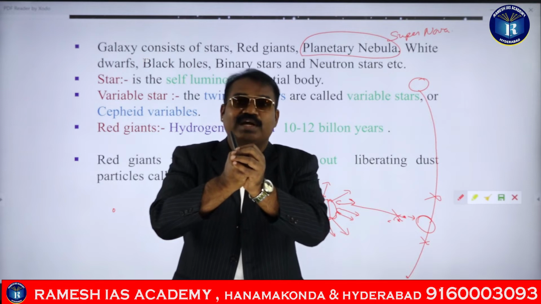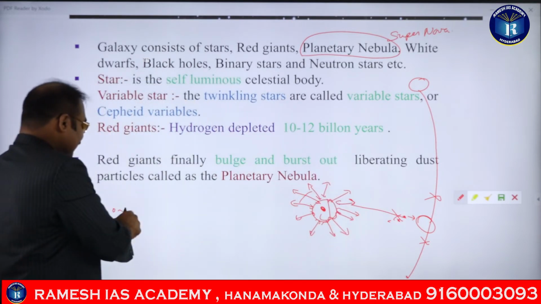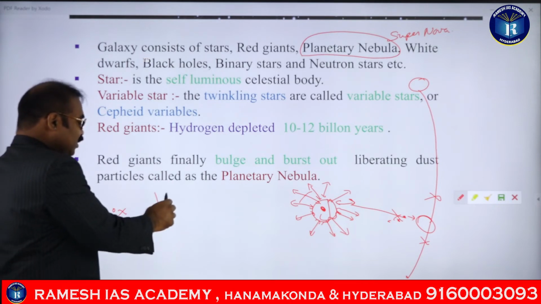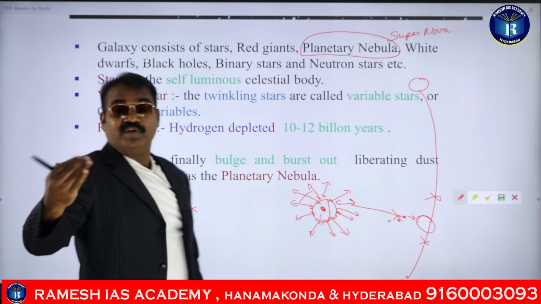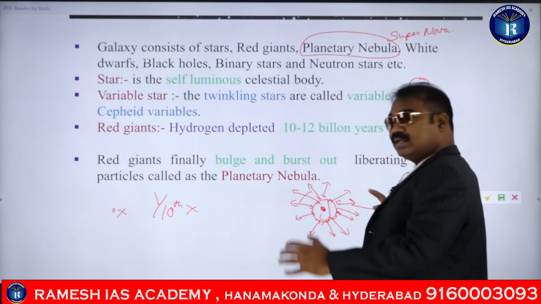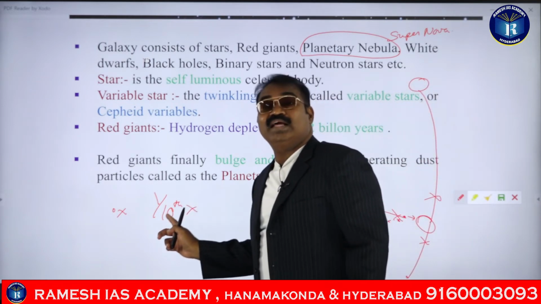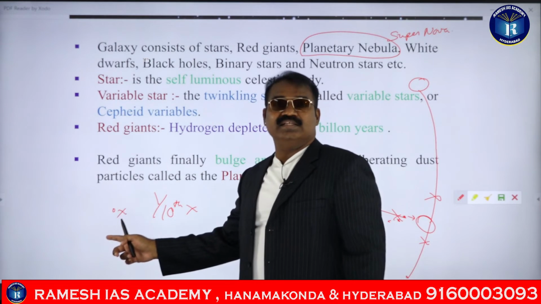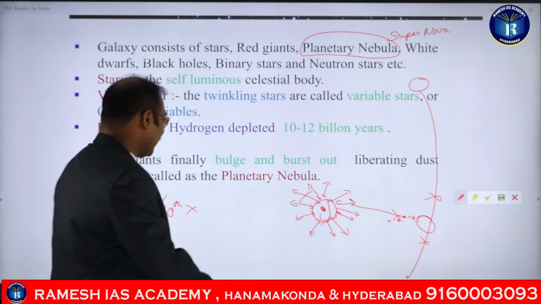Okay, so when it is trying to attain the minimal position, it may attain the size of, if this is x guys, 1/10 of x. So 1/10 of the original size, right? If the particles come closer and attain the size of 1/10 of the original size, then it is called the white dwarf.